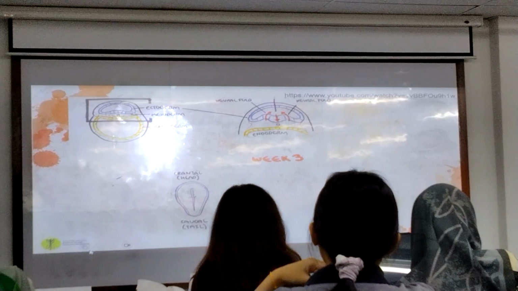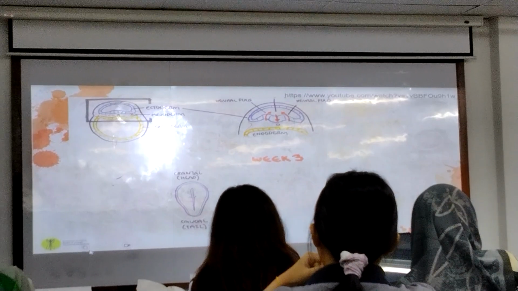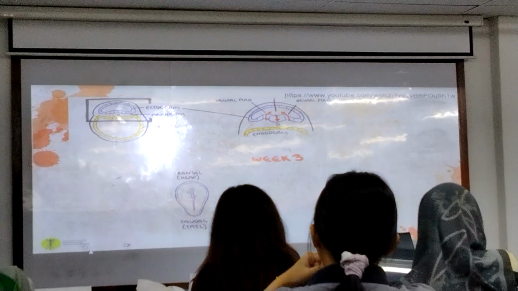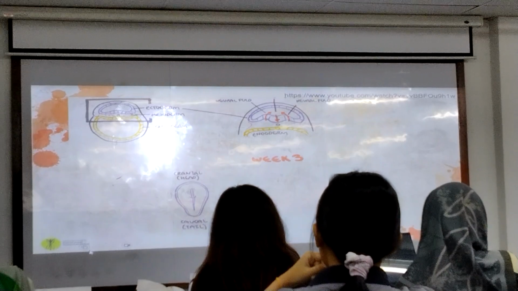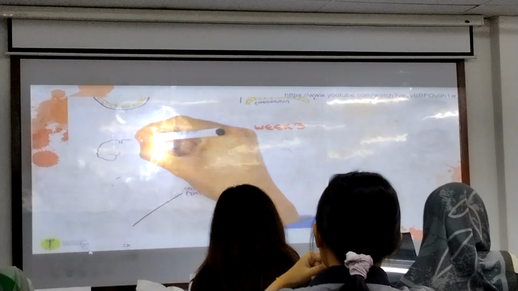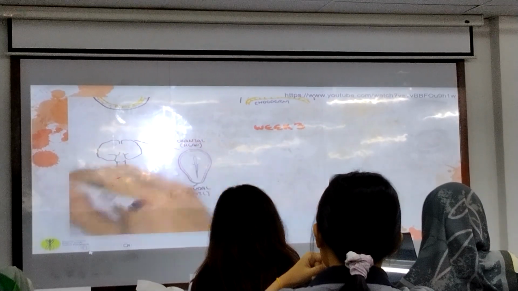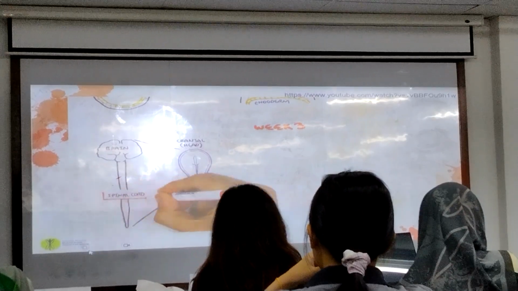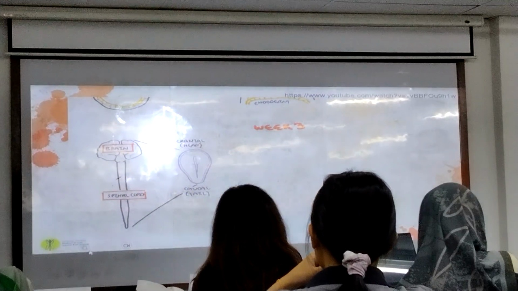Neurulation advances both cranially and caudally. So it starts from the mid-region. The cranial end will eventually give rise to the brain. And then going caudally will be the spinal cord.